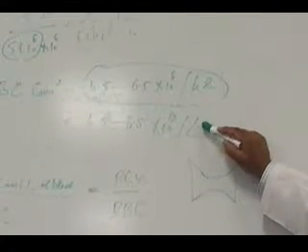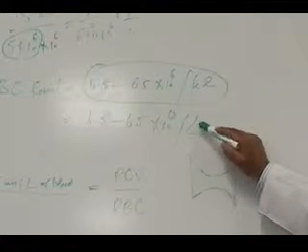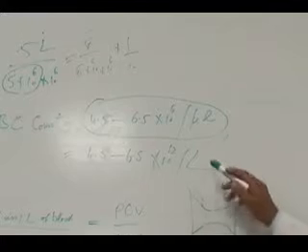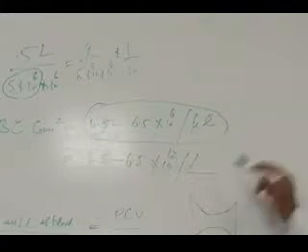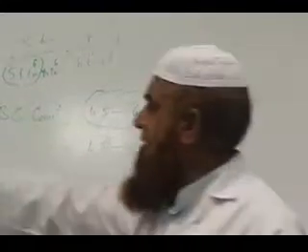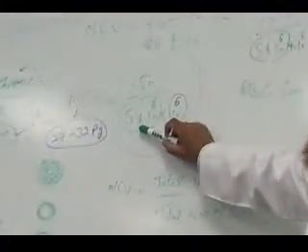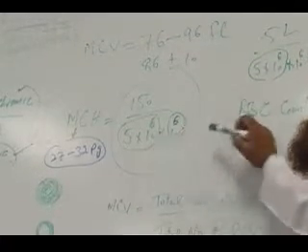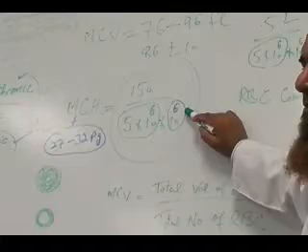Clear? This volume, 1 liter, is increased by this figure. 1 million microliters are present in 1 liter. Clear? Now we are taking the average of this 5 million in microliter, or 5 multiplied by 10 to the power 12 per liter.